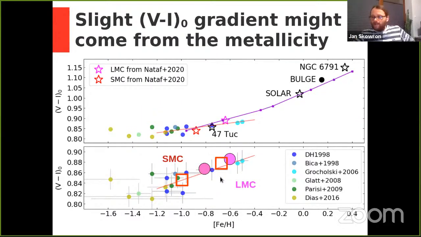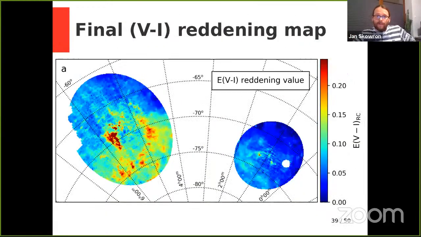So the final result is this reddening map. The reddening map is much more accurate than you can see in this picture, because we studied different lines of sight. These are the densities of those lines of sight.